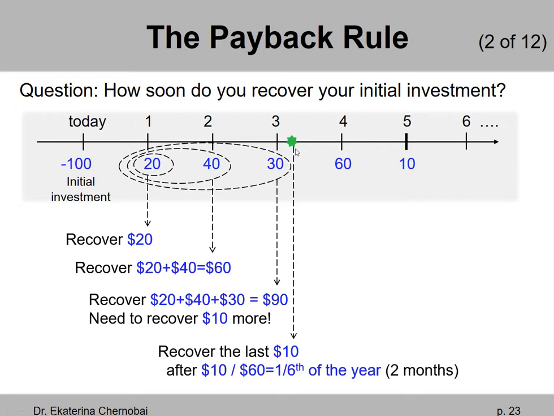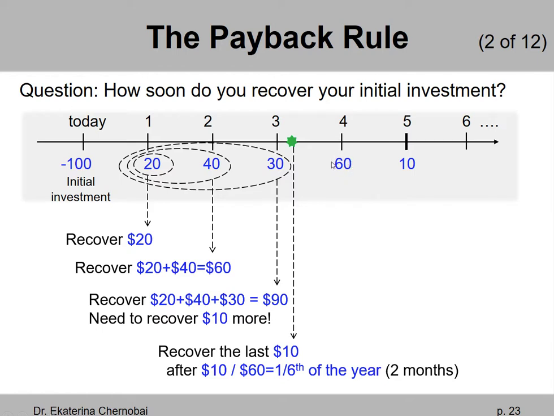$10 more, right? But if we wait a full fourth year, we're gonna earn another 60. So here we're actually considering something more realistic than treating cash flows as if they occur once on the last day of each year, right?